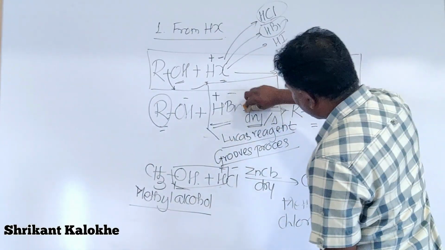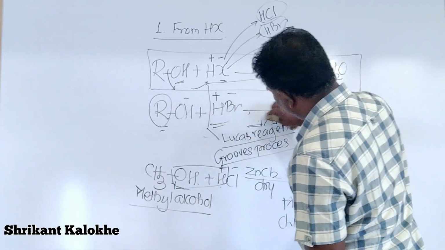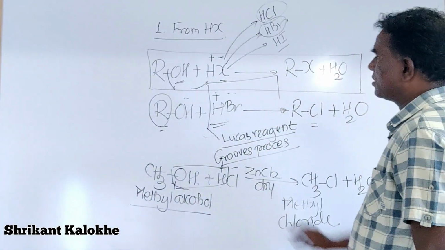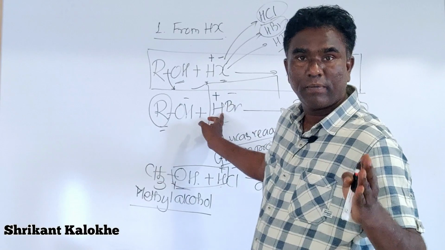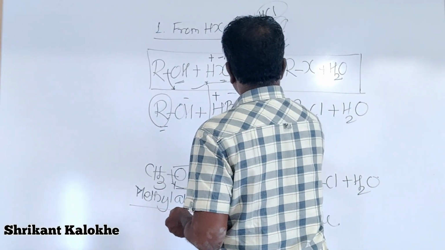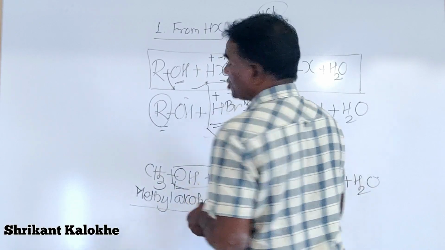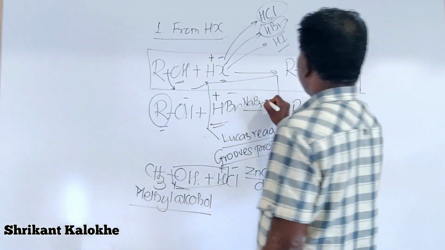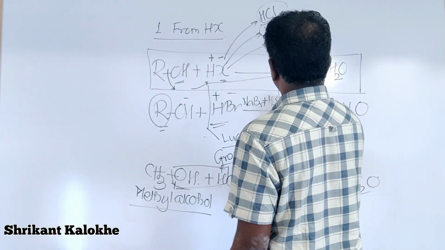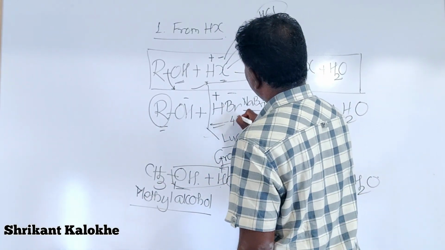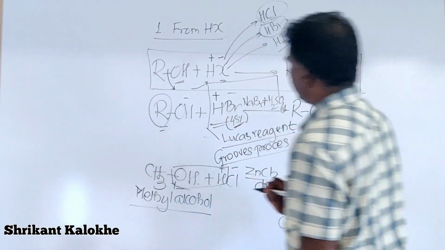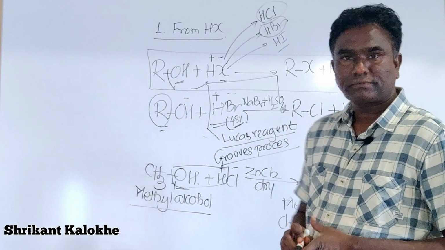Therefore hydrogen bromide, HBr, is not being taken in a ready-made form. It is prepared by using the mixture of NaBr, that means sodium bromide, plus H2SO4, and this would be possible if the percentage of HBr is 48.